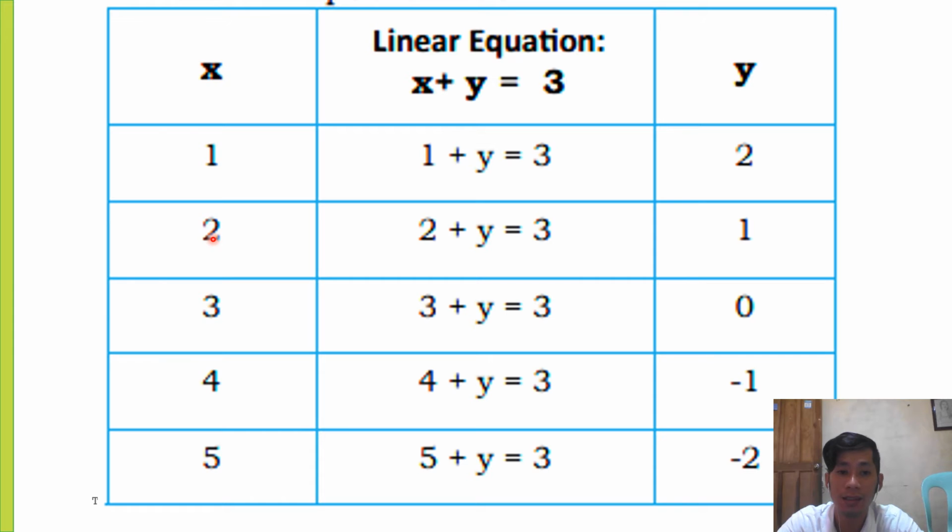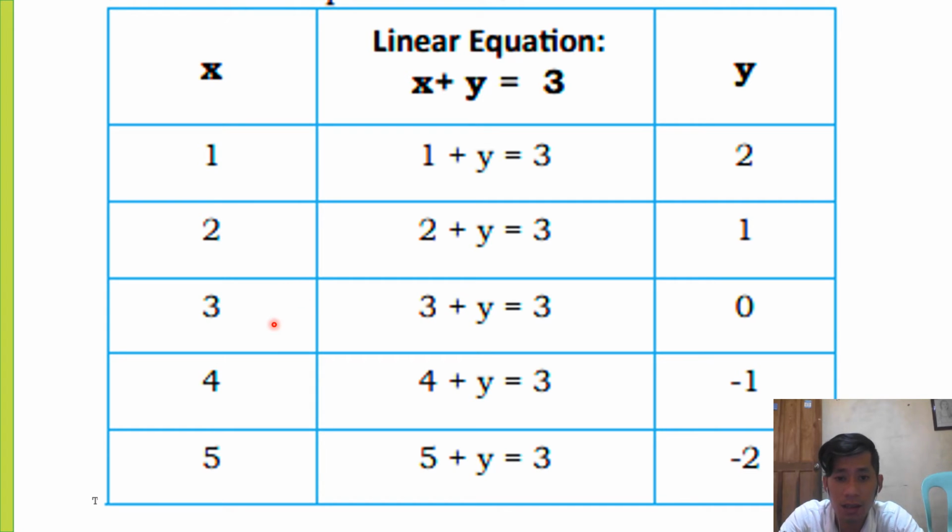So again, if x is 2, so by using substitution, you replace x by 2, then you simplify. So ano po yung number na in-add niyo po sa 2, 3 po ang sagot? So that is 1. That's simple. So again, let us have this one.